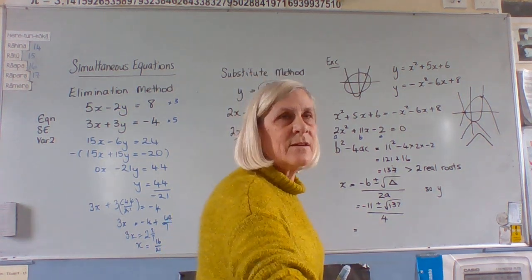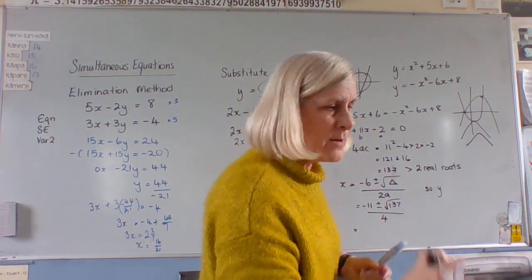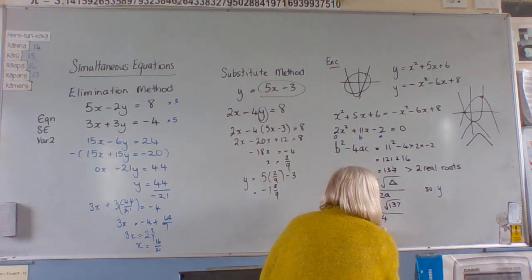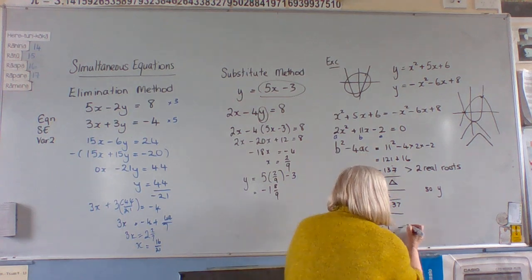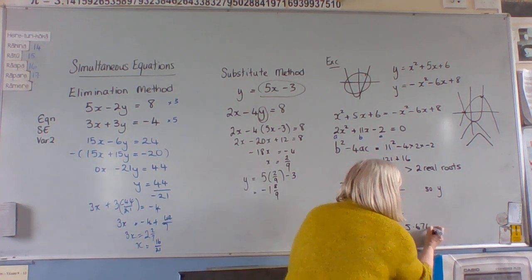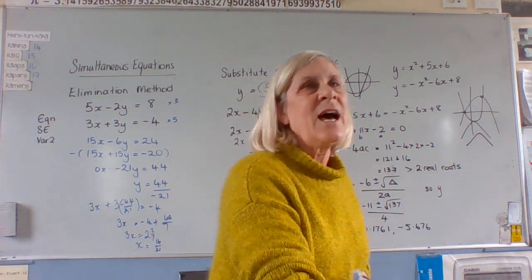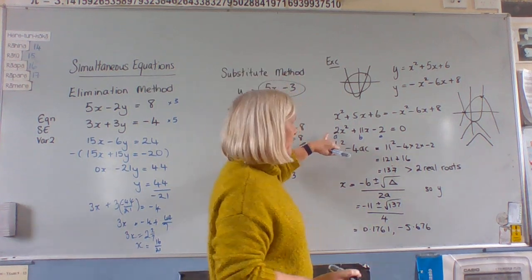What did you say? 0.1761. Good, 0.1761 is one of them, and? Negative 5.676. Negative 5.676 is the other. Now, they're much easier to put in here.